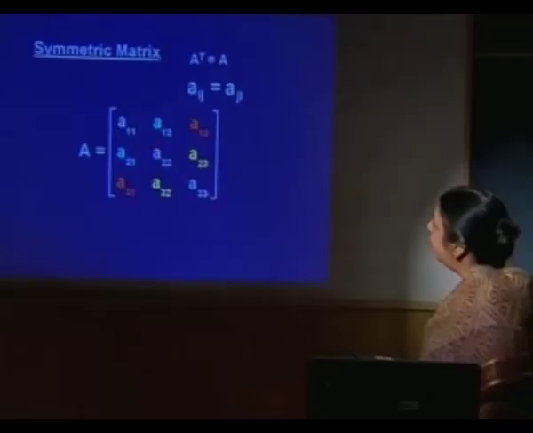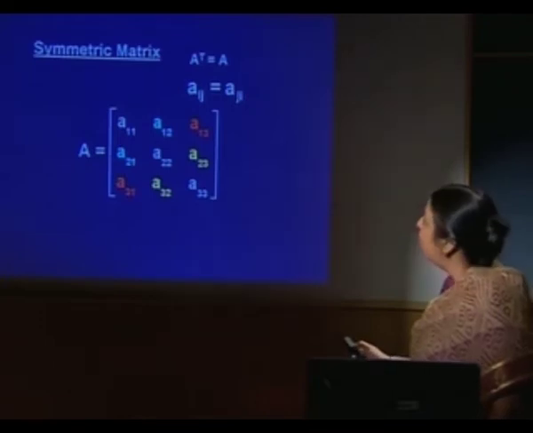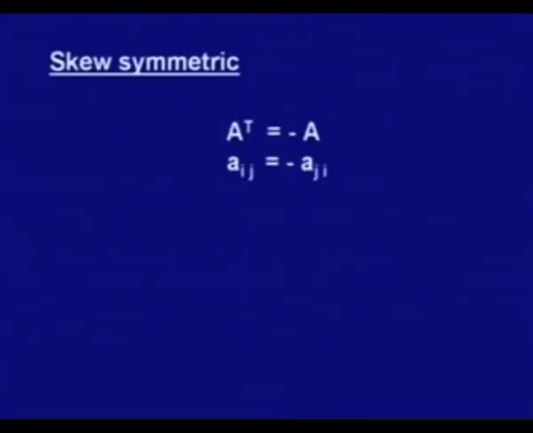So, this is the diagonal, these are the elements below the diagonal and these are the elements above the diagonal. So, the elements are mirror images. This element is the same as this element, is the same as this element, is the same as this.